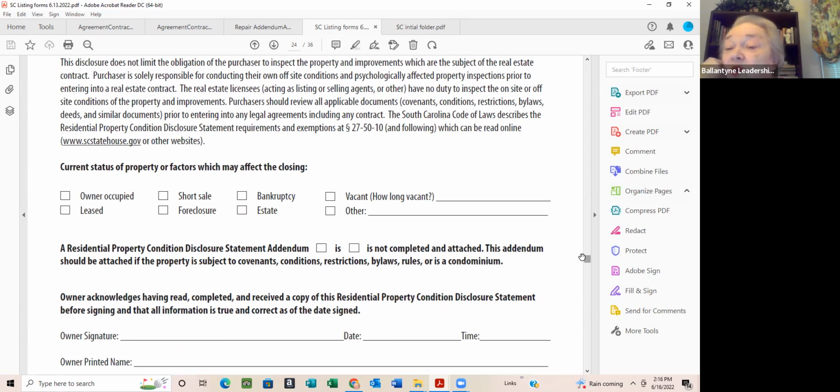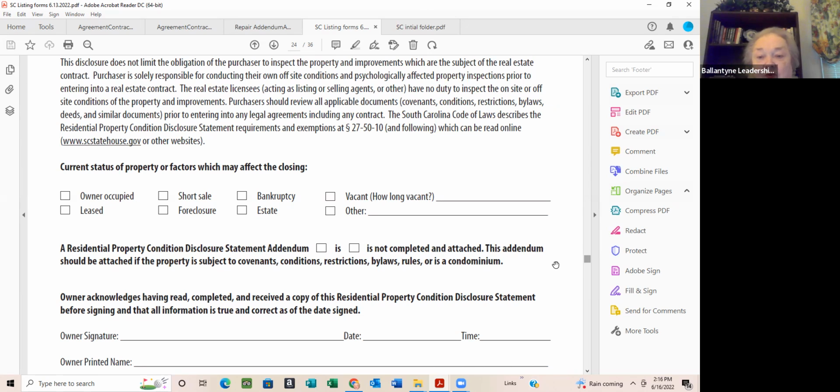And please, when you're advertising, don't say new roof or new HVAC if you haven't seen an invoice that says it's new. I might go buy me a new car, but that car might be 7 years old, but to me it's new. Same thing with the roof or the HVAC. Sometimes we think it's new because it just seems like we put it in last year, but not. So always ask for an invoice to make sure before you advertise that it's new.